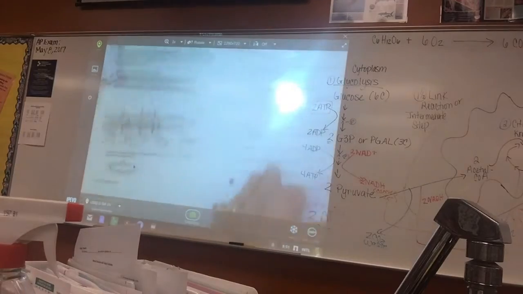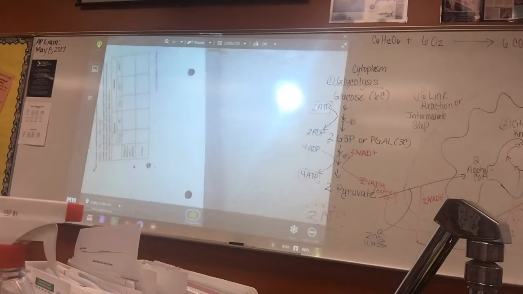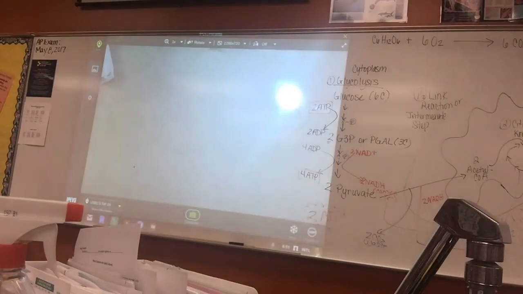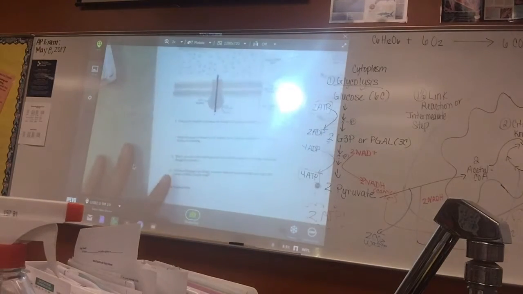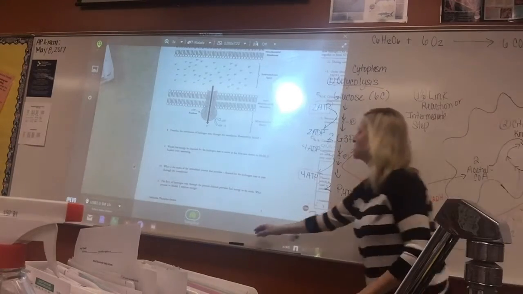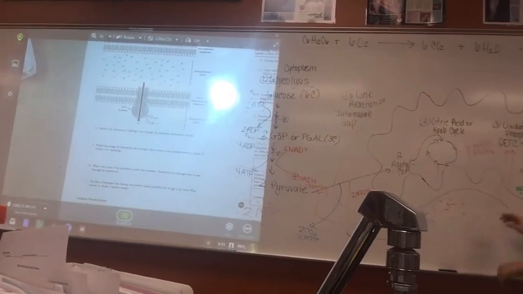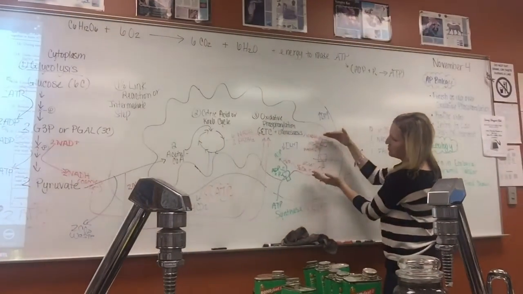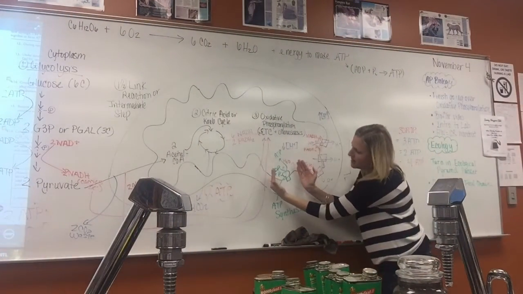So then we move on to this picture. This is the chemiosmosis part. So again, going back up to this big picture on the board, oxidative phosphorylation has these 2 parts: the electron transport chain, and this part, chemiosmosis.